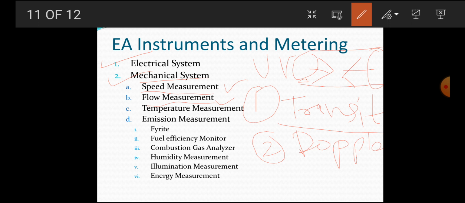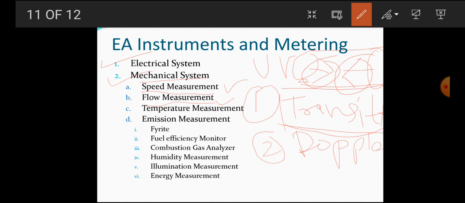This device measures the time difference between these two, and the time difference is proportional to the flow rate. With the help of this principle we get the transit ultrasonic flow measurement meter.